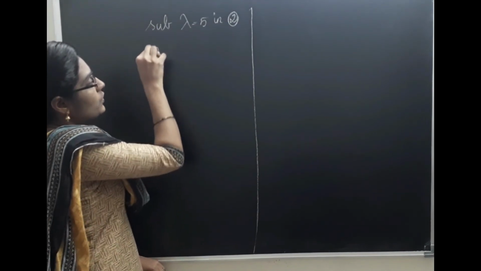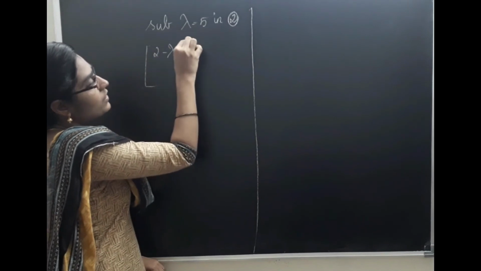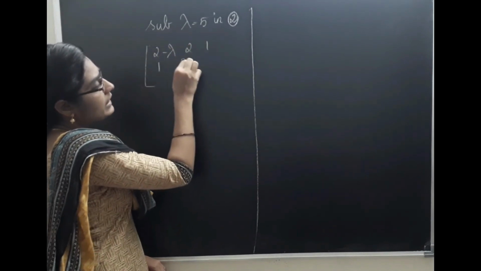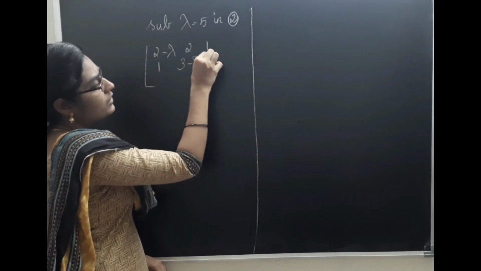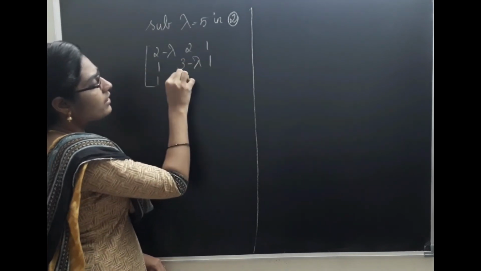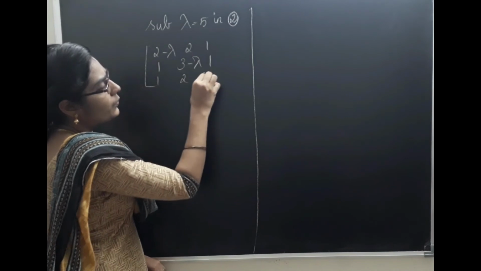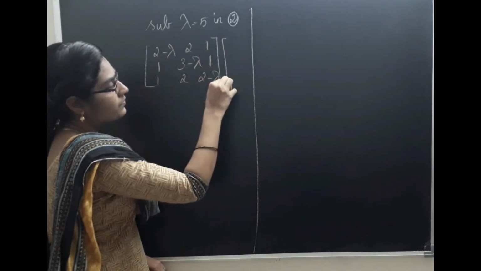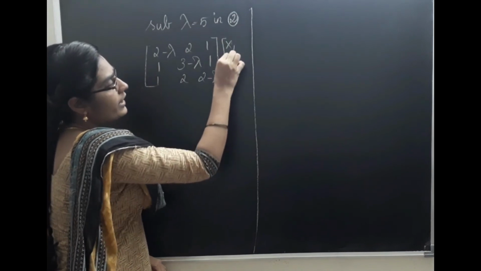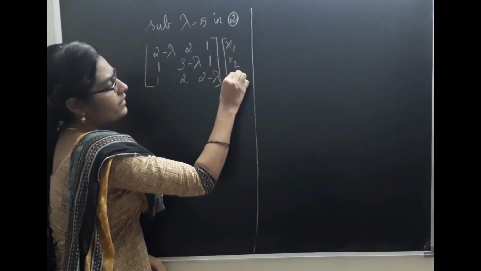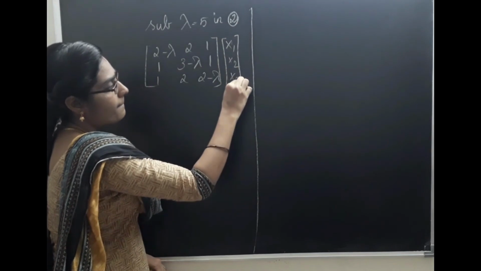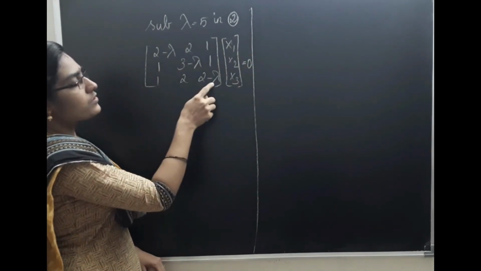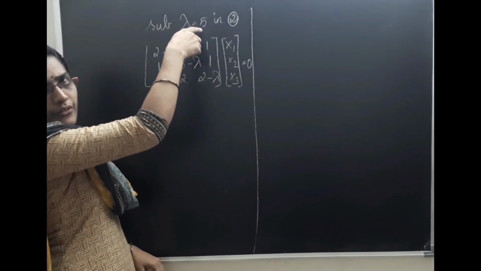So the matrix is [2 minus lambda, 2, 1; 1, 3 minus lambda, 1; 1, 2, 2 minus lambda] into [x1, x2, x3] equal to 0. In this equation, we need to substitute lambda equal to 5.